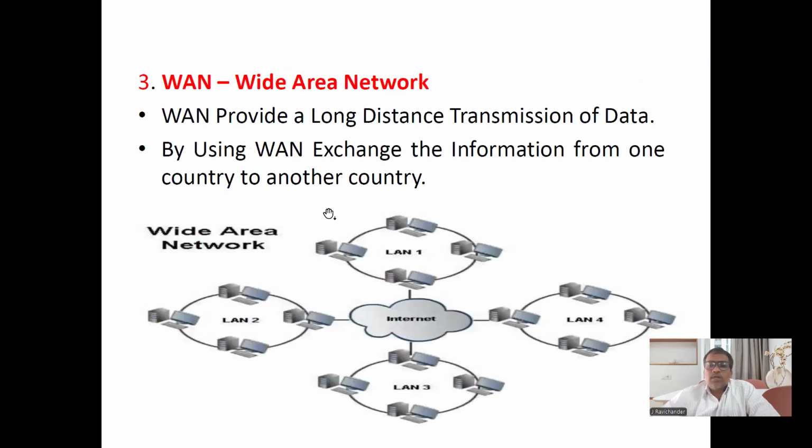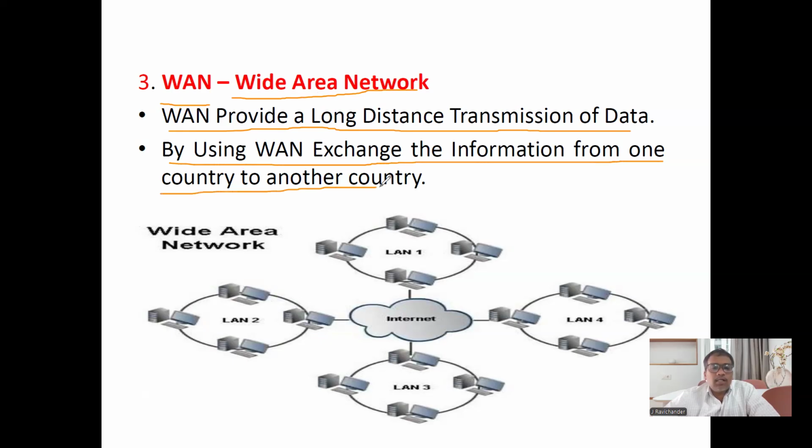Now, next one, here we will discuss wide area networks, simply called WAN. A wide area network provides long distance transmission of data. By using WAN, we exchange information from one country to another country.